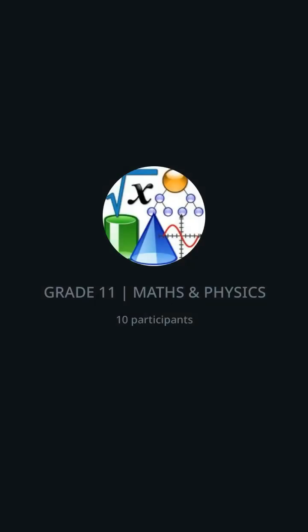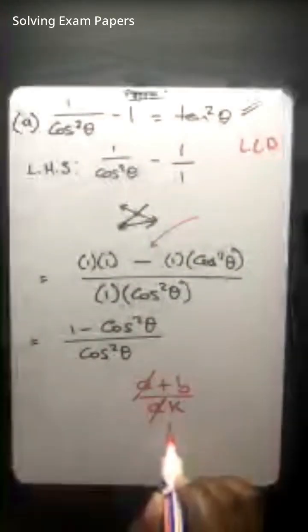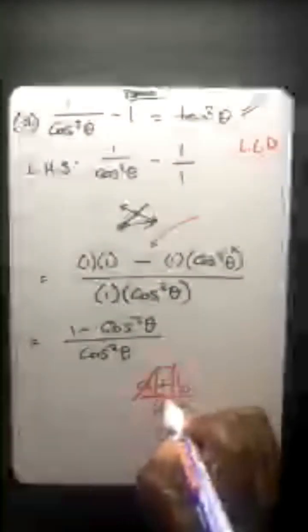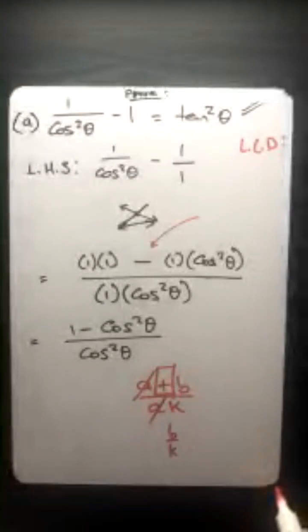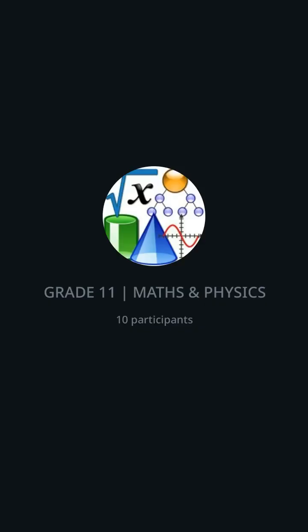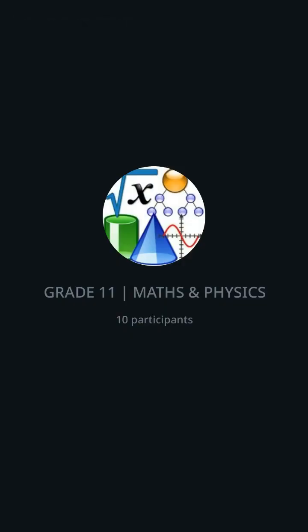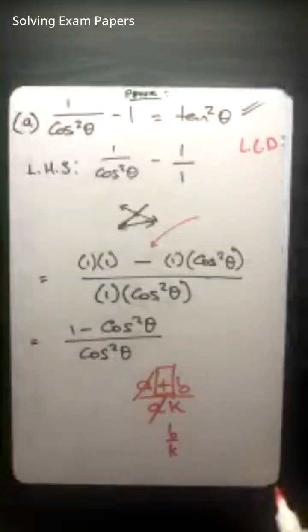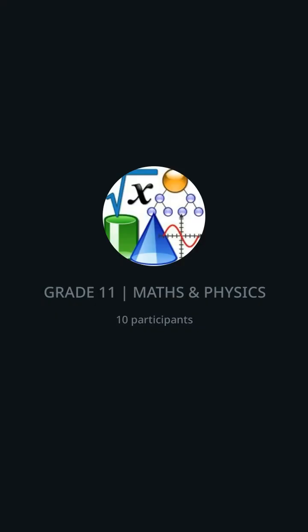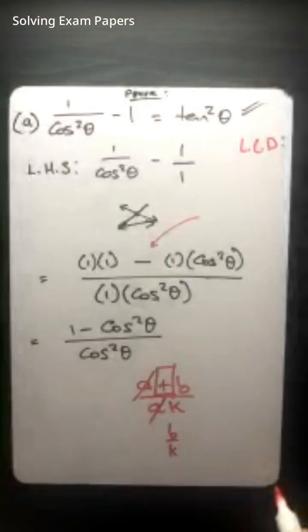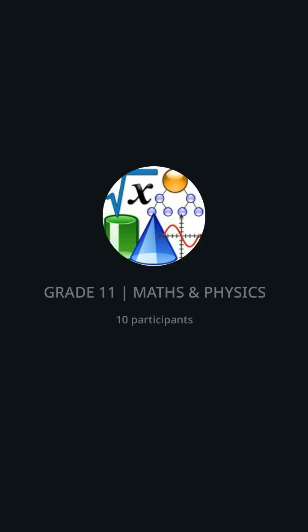The honorable member is asking, if you are having, let's say, a plus b over a, why can't you just cancel that and that, then you have b over k. The reason why you can't is because of you having that sign of a plus or a minus. So this is actually different.